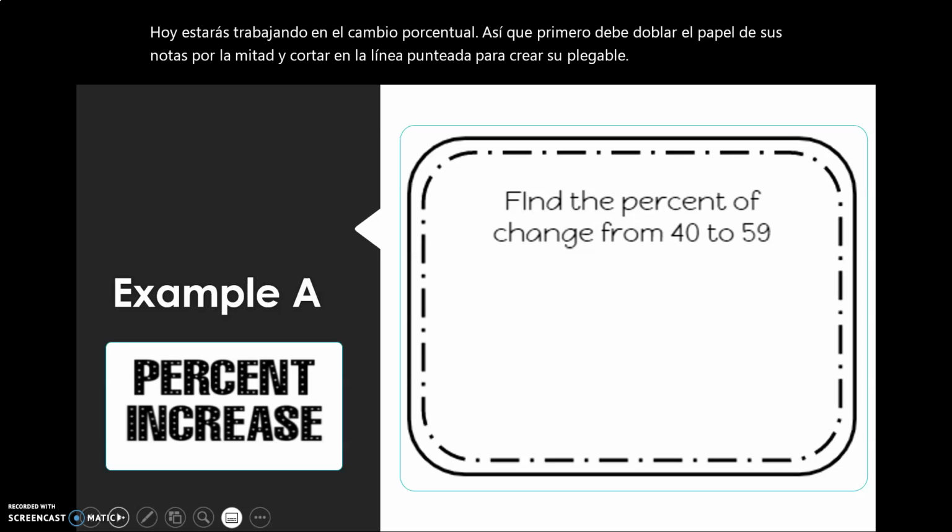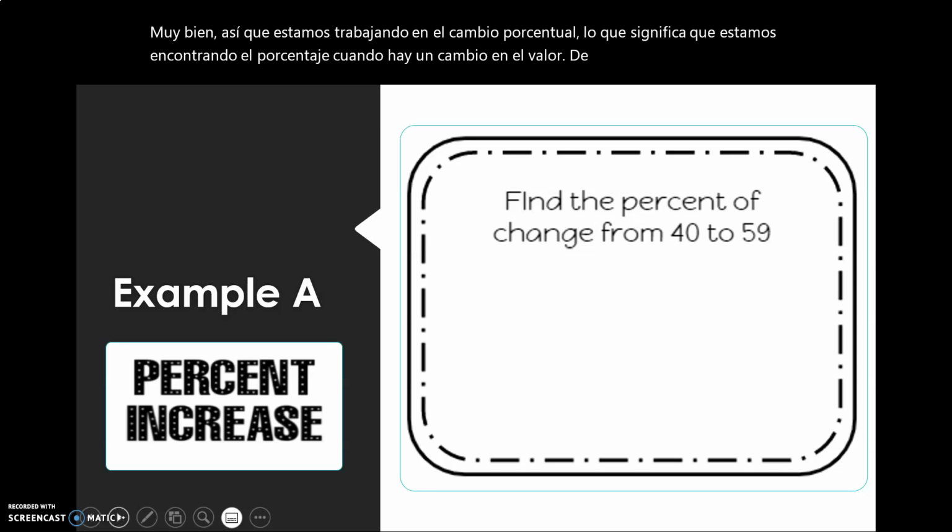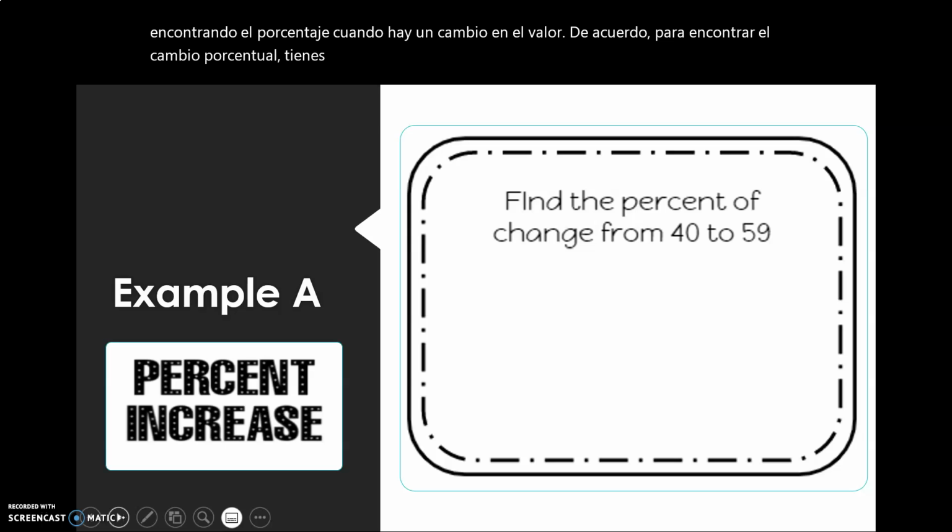All right, so we're working on percent change, which means we are finding the percentage when there is a change in a value. In order to find percent change, you have percent increase and you have percent decrease. So our first example would be an example of percent increase.